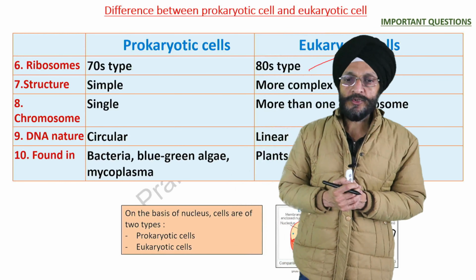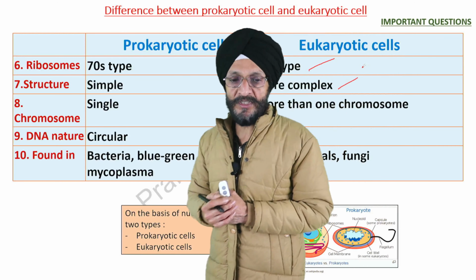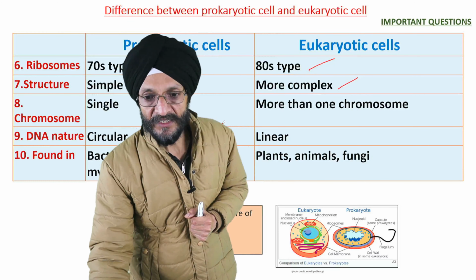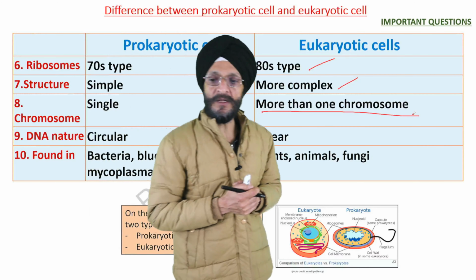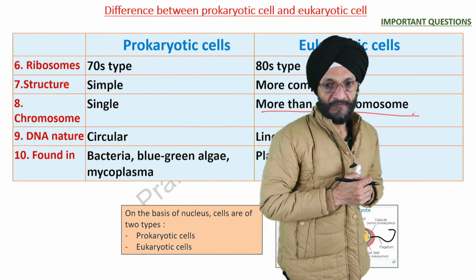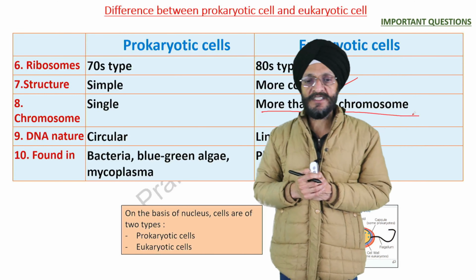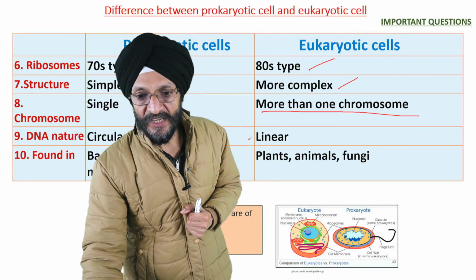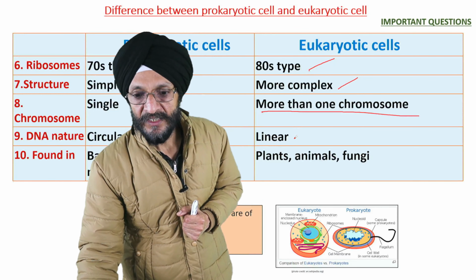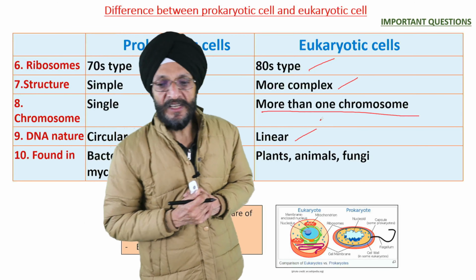The number of chromosomes in prokaryotic cells is single, whereas in eukaryotic cells the number of chromosomes is more than 1. In prokaryotic cells, DNA nature is circular, whereas in eukaryotic cells, DNA nature is linear.